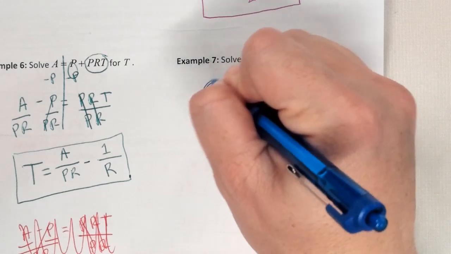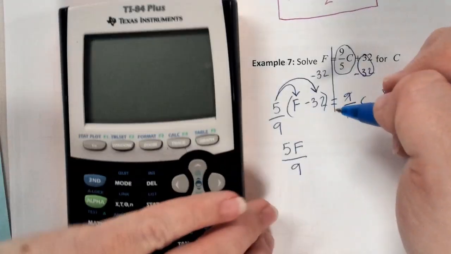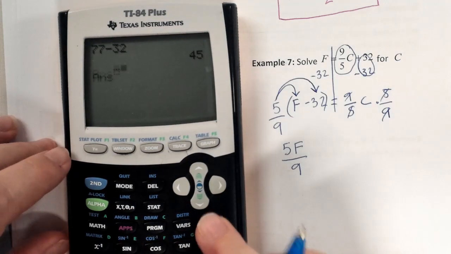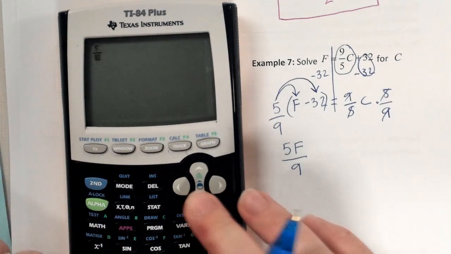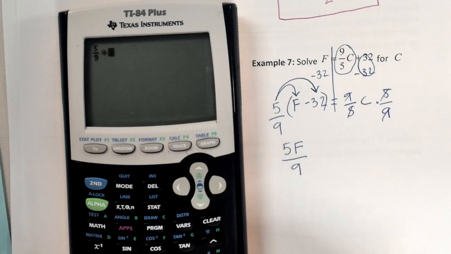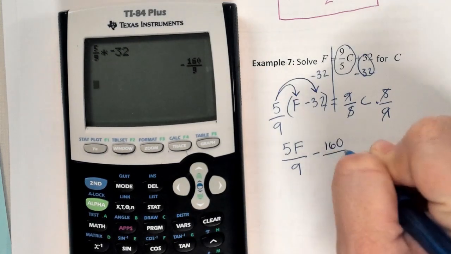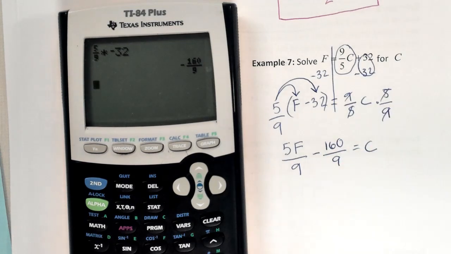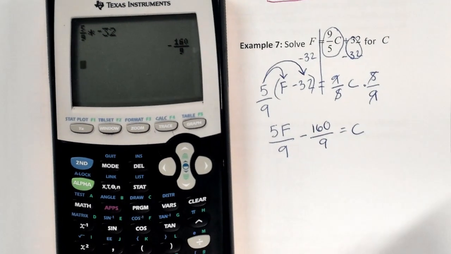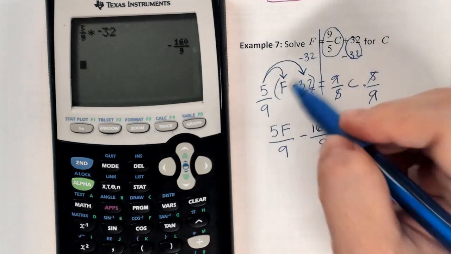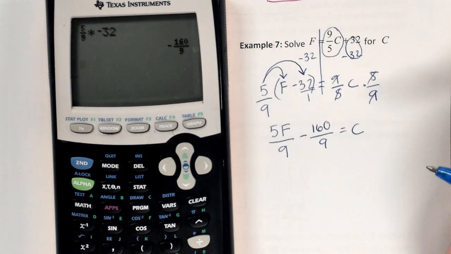And then if I do 5 over 9 times negative 32, this is where your calculator becomes your best friend. 5 over 9 times negative 32. I get negative 160 over 9 equals C. I don't know if y'all remember, but when multiplying, you can make these both fractions. It's just top times top, bottom times bottom.